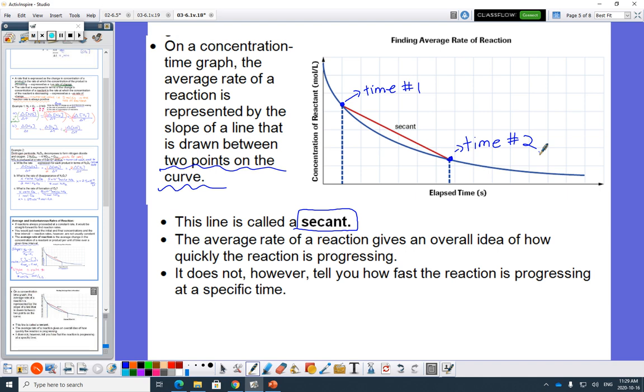Really, when you do secant, you don't even need to draw the line. Unlike instantaneous, which will be 1 point, average is going to be 2 points on the curve. Usually the 2 points you're given are times. The average reaction rate gives us an overall idea of how the reaction is progressing. However, it does not tell you what the rate is at a specific time.